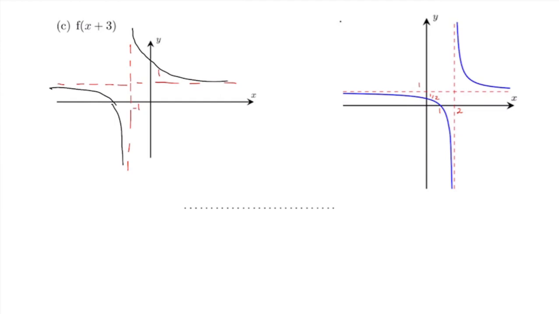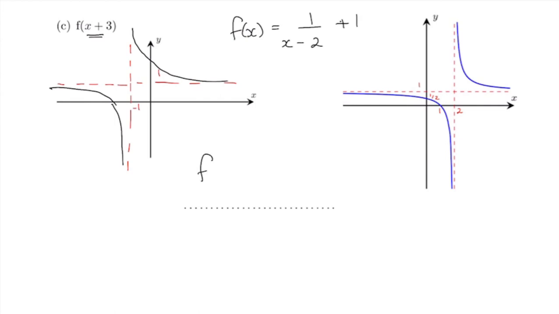If we find the equation, remember what this is telling us to do. It's telling us to replace x by x plus 3. So the original f of x was 1 over x minus 2 plus 1.